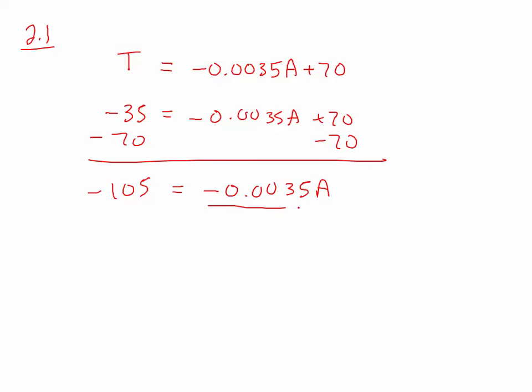On this one here, you can do it the long way, but it's going to be really a long way. So 0.0035, and then we switch this around. First of all, the negatives drop off, so 105 divided by 0.0035. Anybody? 30,000? I would agree.